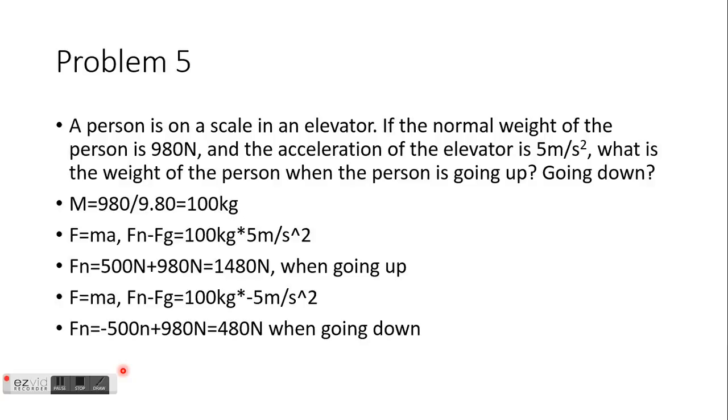And when you're going downwards, if the elevator moved at 9.8 meters per second squared, it would be a freely falling body, and so you'd be weightless. But since it's only going at 5, you only lose a little bit less than half of your weight.